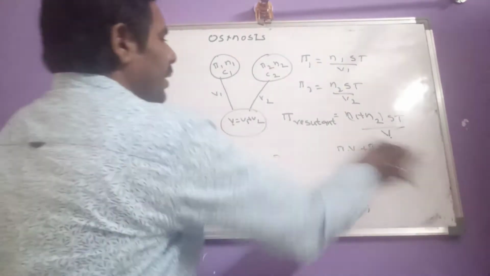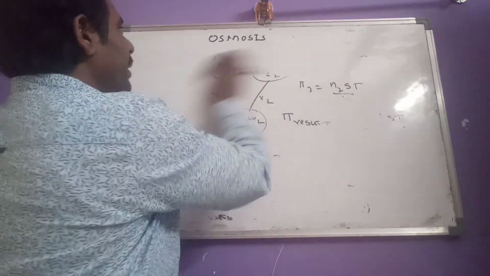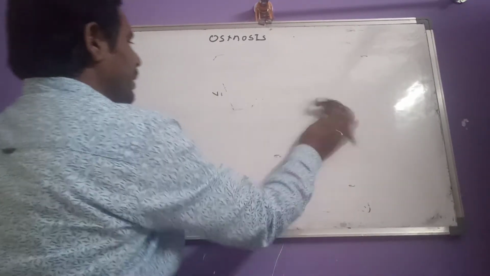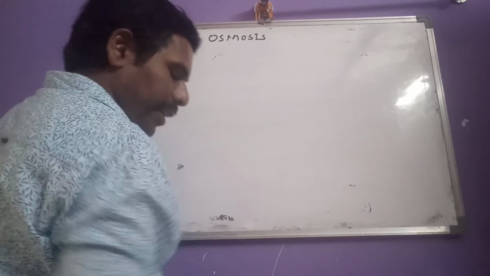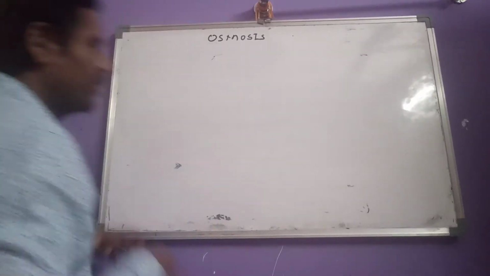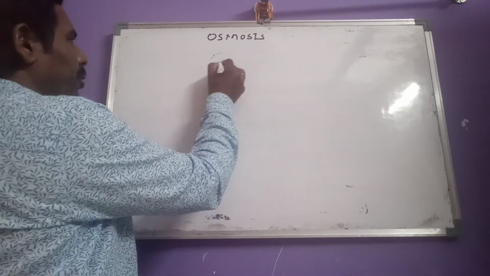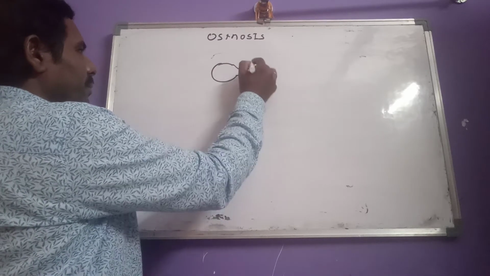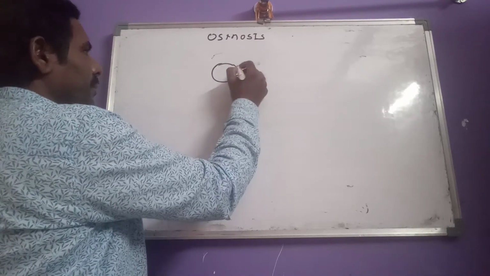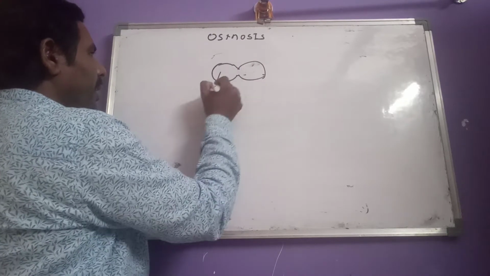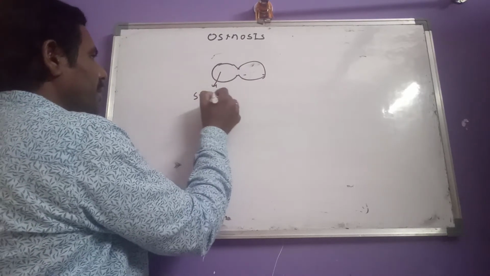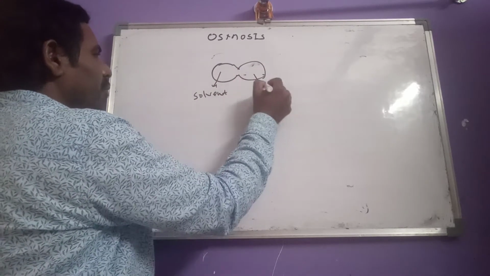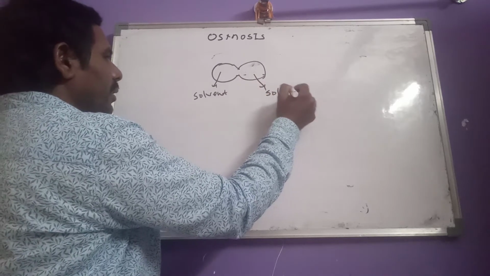Okay, then what is regarding reverse osmosis? Let us go for reverse osmosis. So see here, for example, here we have taken solvent and in this we have taken solution.